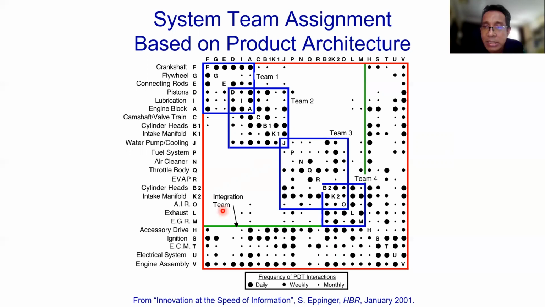For example, team one has to design the crankshaft, flywheel, connecting rod, piston, lubricant, and engine block. That is the daily task they need to do for team one. But you can see here, team two has an integration here to do the same thing for the piston, lubricant, and engine block.